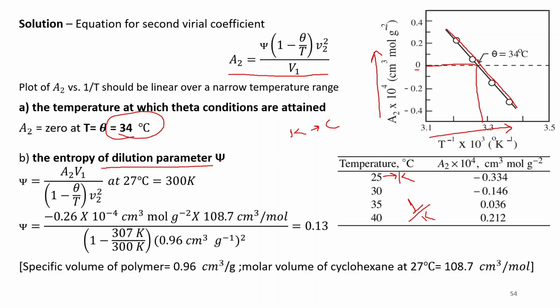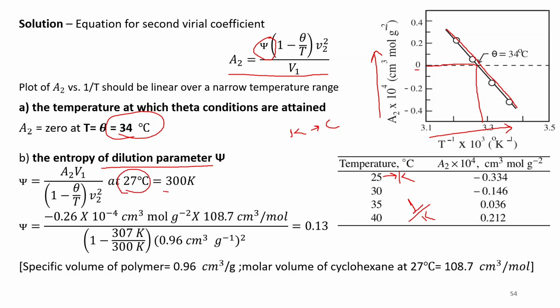We know this already. So here we can calculate the entropy of dilution parameter from A2, which is the second virial coefficient. And how can we calculate the second virial coefficient value? At 27 degrees Celsius we need to calculate.